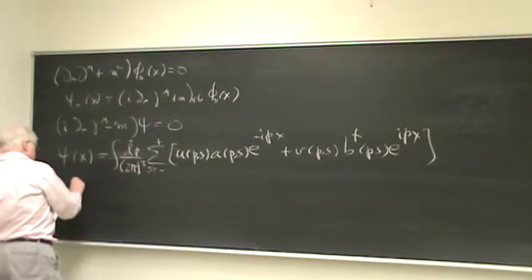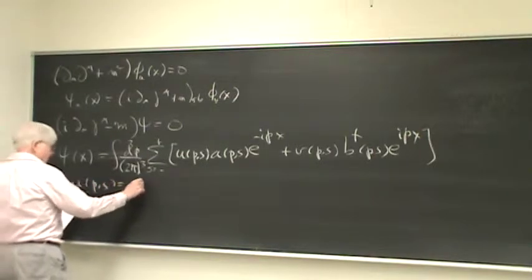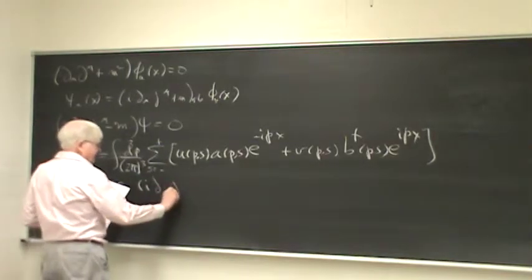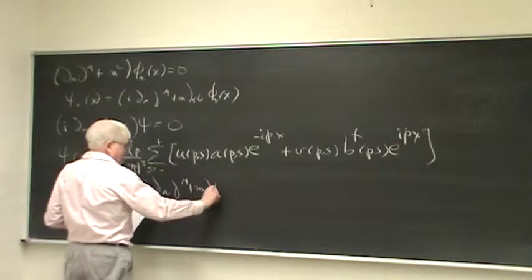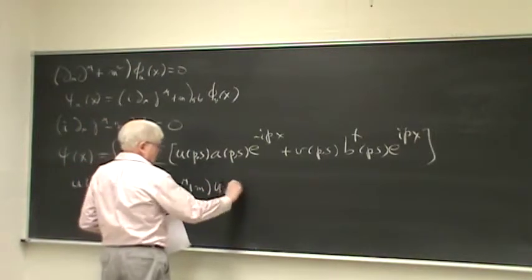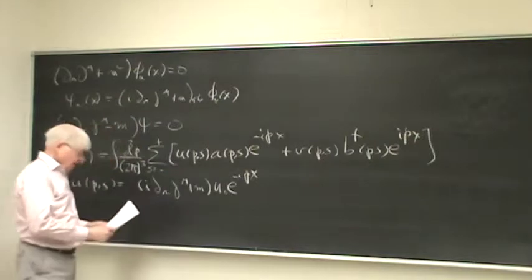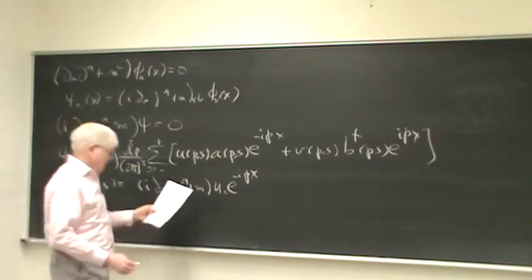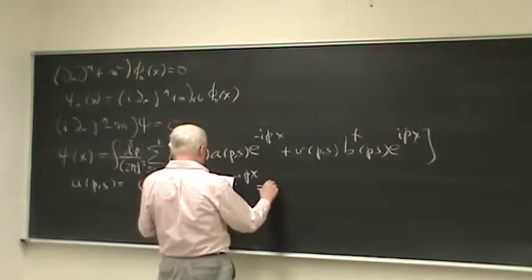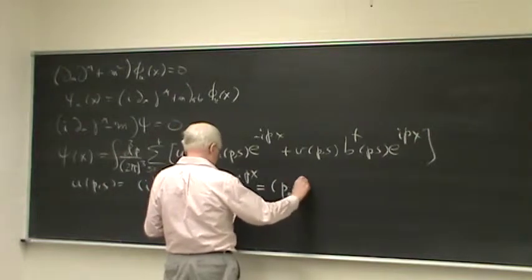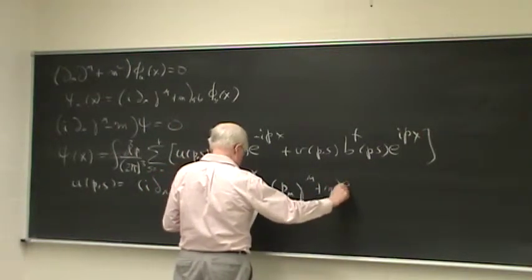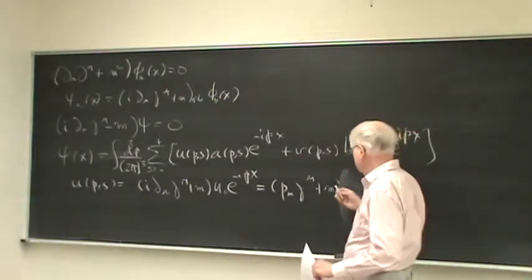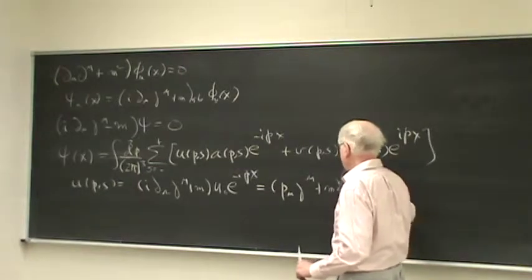And we see that any u that is of the form (i∂_μ γ^μ + m) times some u0 e^{-ipx} will be a solution of Dirac's equation. And this, of course, is (p_μ γ^μ + m) u0 e^{-ipx}.